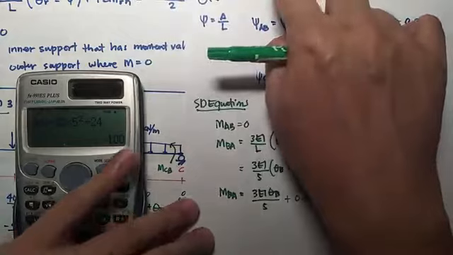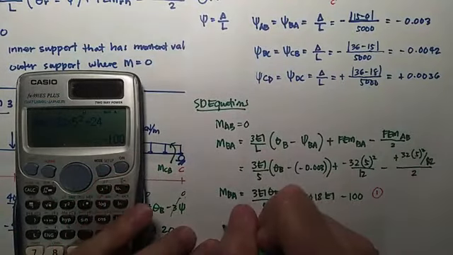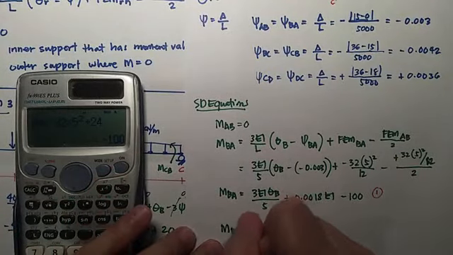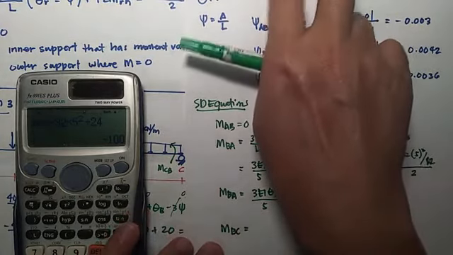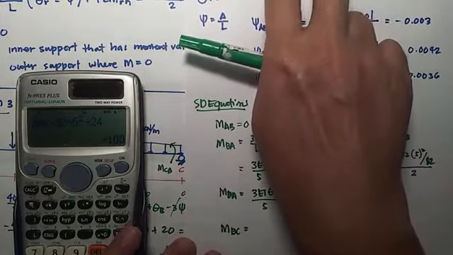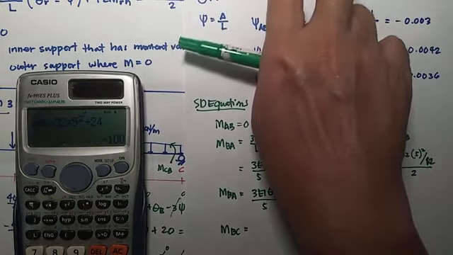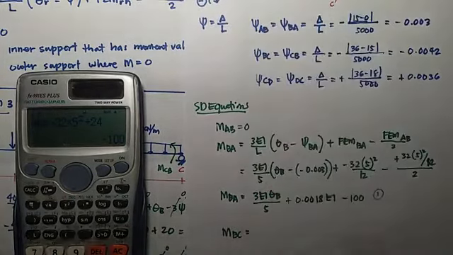BC naman at saka CB. Moment sa BC. Yung sa moment BC tsaka CB, since interior moments na yan, so balik tayo dun sa original slope deflection equation natin.